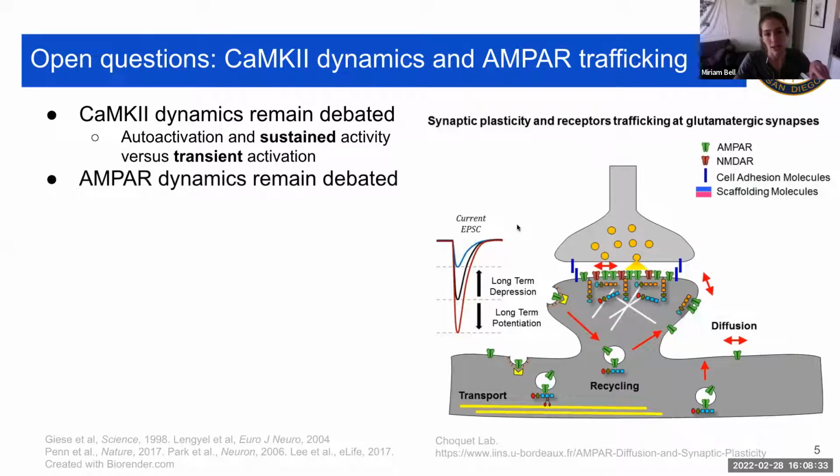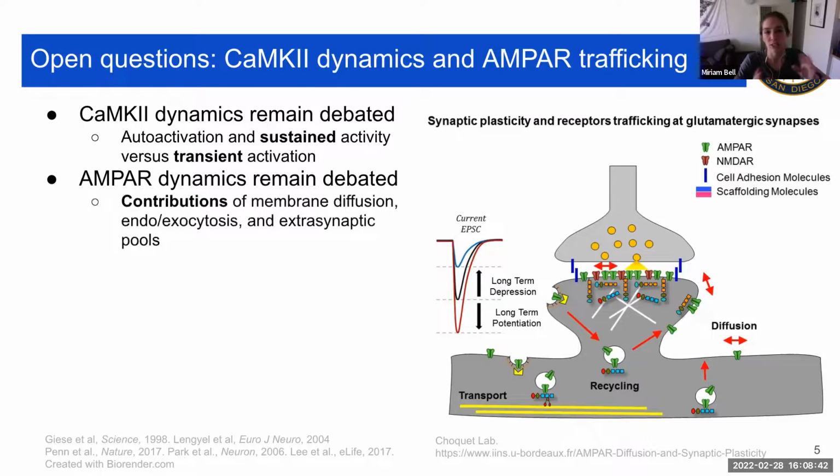And then regarding AMPAR, it's known that the density of AMPAR at the synapse changes during synaptic plasticity, but what trafficking mechanisms are responsible for that change is less understood. And currently there's debate over the relative contributions of membrane diffusion, endo and exocytosis, and the role of extrasynaptic pools of AMPAR, as you can see in this schematic here.